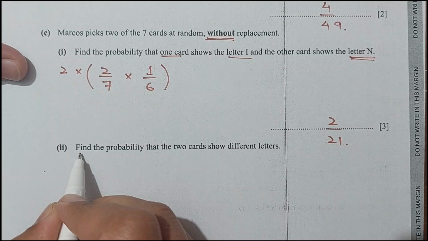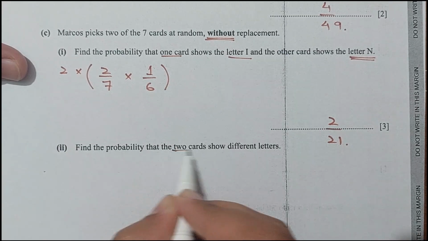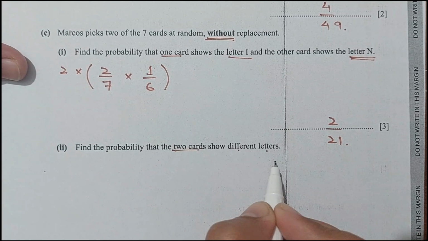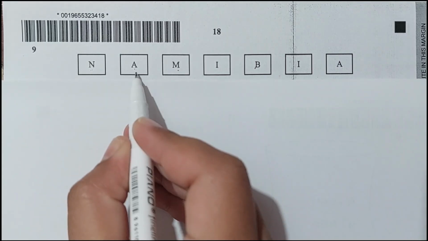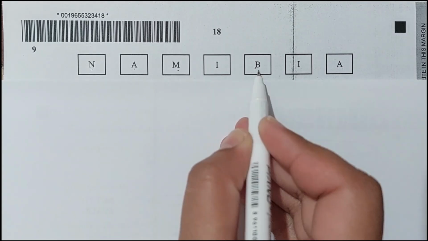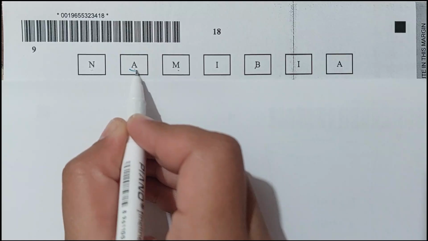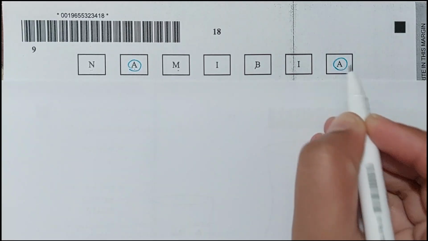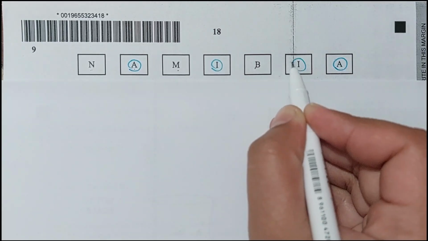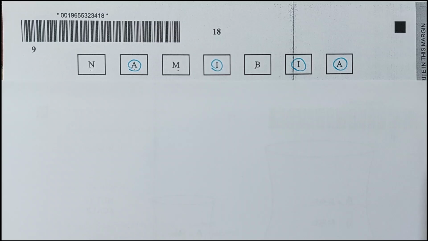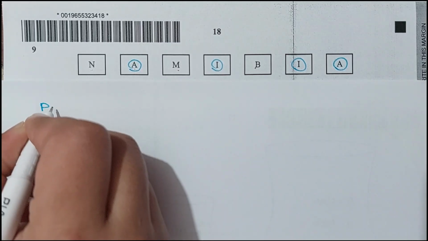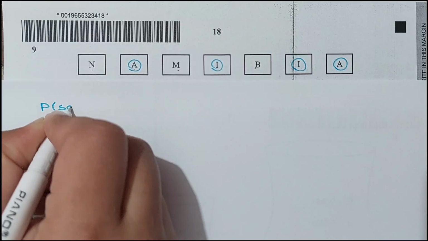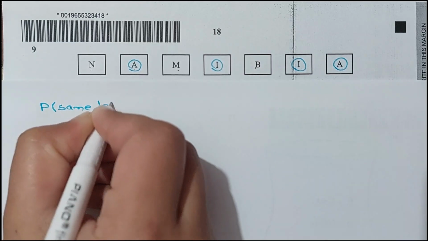Now second part, find the probability that the 2 cards show different letters. As you can see, we have the letters N, A, M, I, B, I and A. So there are 2 A's and there are 2 I's. Okay, so 2 letters are the same, A and I. So let me find out the probability of same letters.